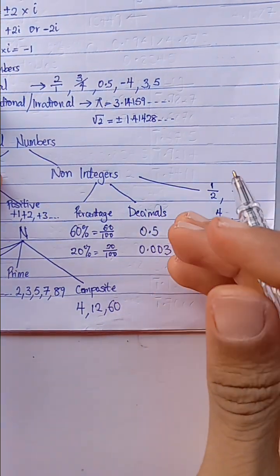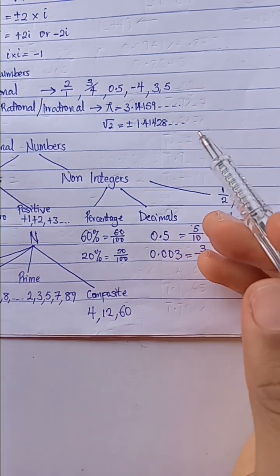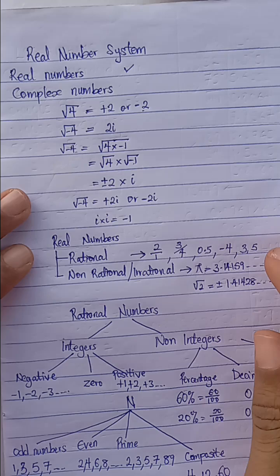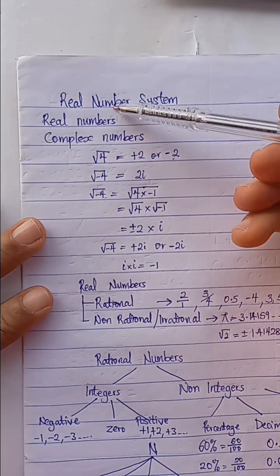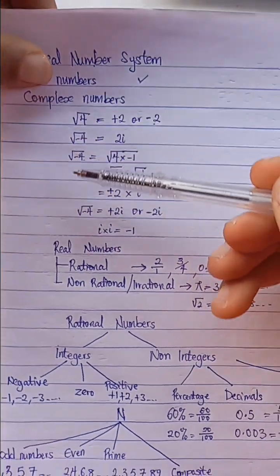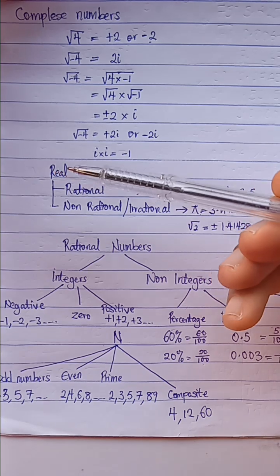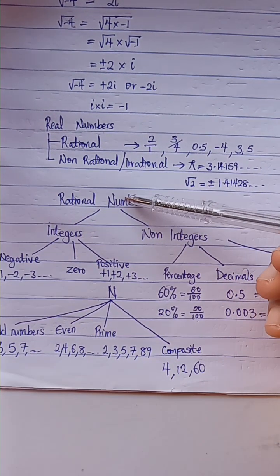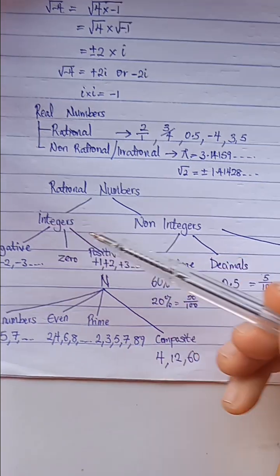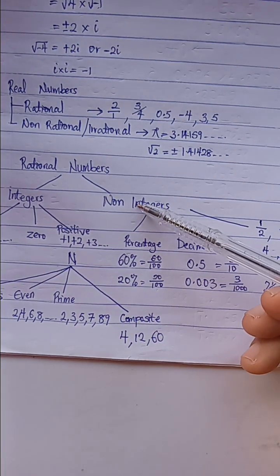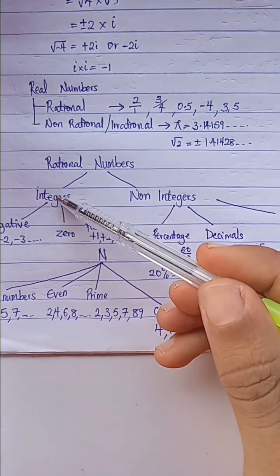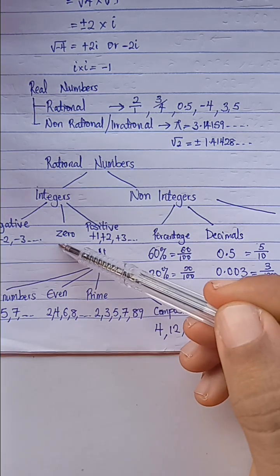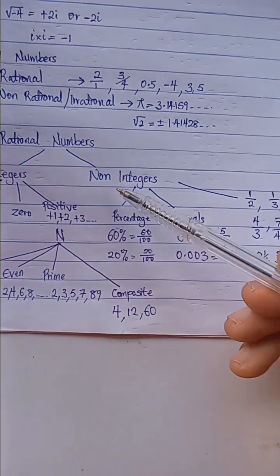Okay, so this is the real number system. So we've had a brief recap of these numbers. When we look at them, talking about the real numbers, we said real numbers can be split into rational and non-rational. And the rational numbers can be split into integers and non-integers. The integers can be split into negative, 0, and positive numbers.